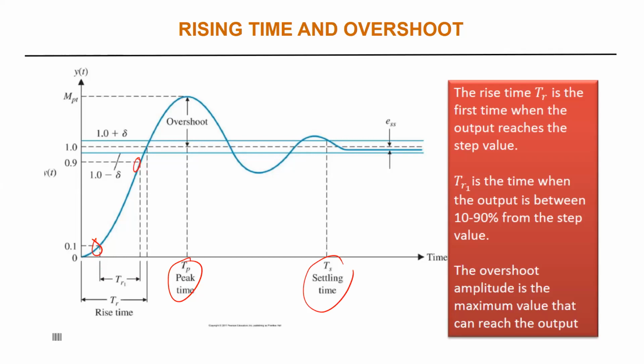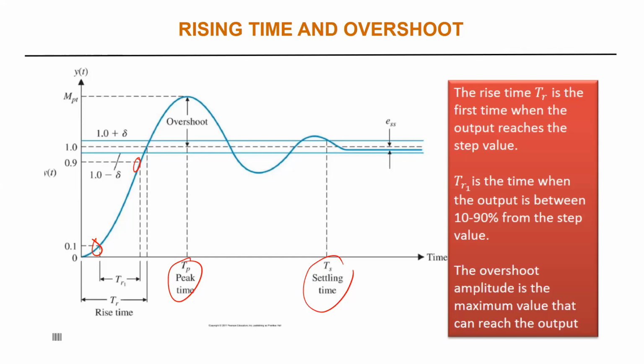This is the way it will be used, even though technically speaking it should go between 0 and 1. But usually we will use the rise time as the time needed for the response to go from 0.1 to 0.9. All of those quantities which I mentioned are related to the transient.